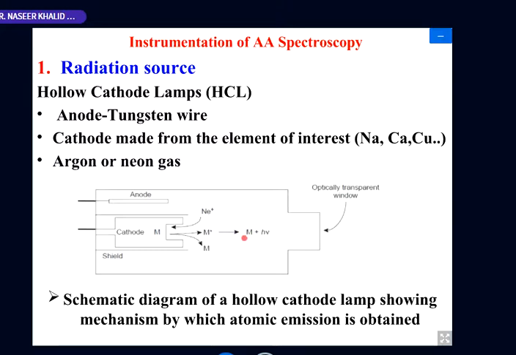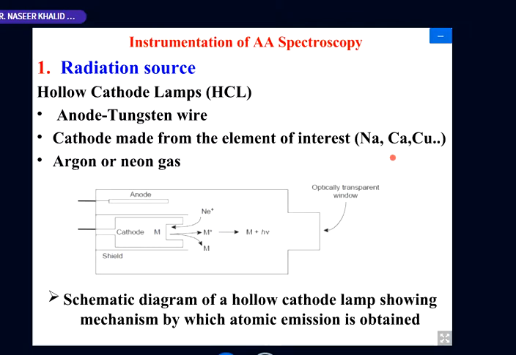Sodium has a fixed electronic configuration. The energy gap between the outer shells of sodium is always constant, everywhere. Calcium has a different energy gap as compared to sodium, and also different from copper, because all these elements have different electronic configurations and different atomic numbers.